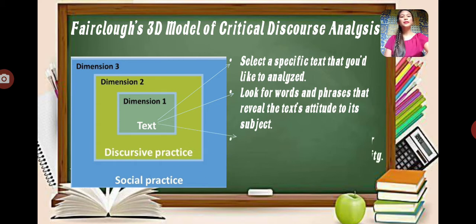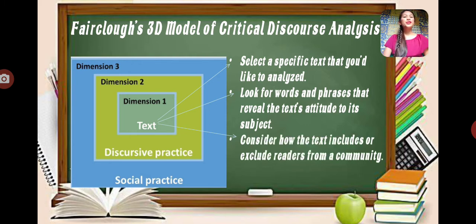Third, we have to consider how the text includes or excludes readers from a community. For example, think about a news report about international immigrants coming to a country. The newscaster can create different types of community by referring to the immigrants as strangers.